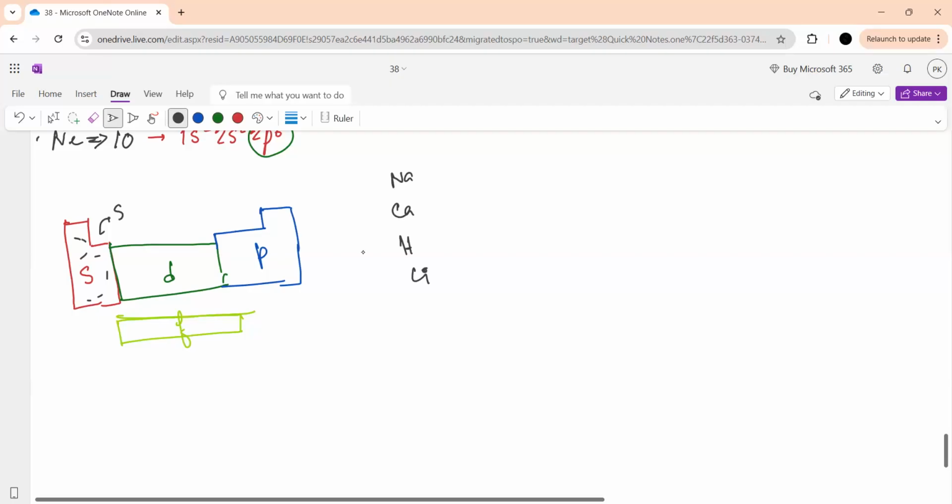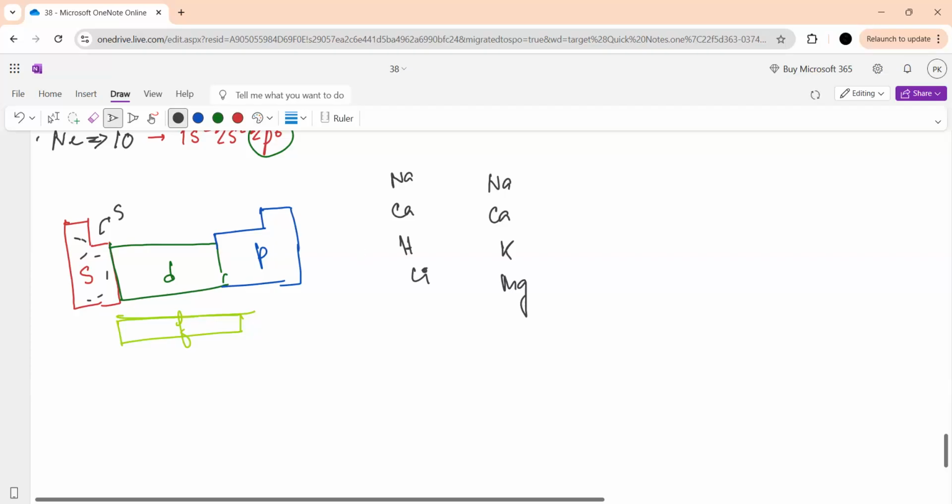All the atoms whose last orbital, that is the valence orbital, is an S orbital are there. If you see potassium, it's the same case. If you see magnesium, it ends with an s orbital.